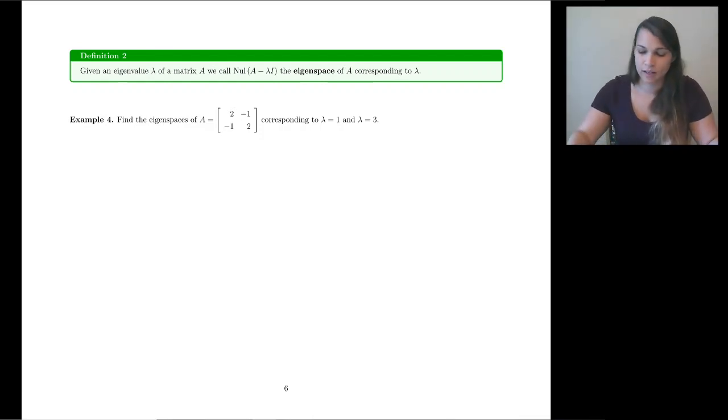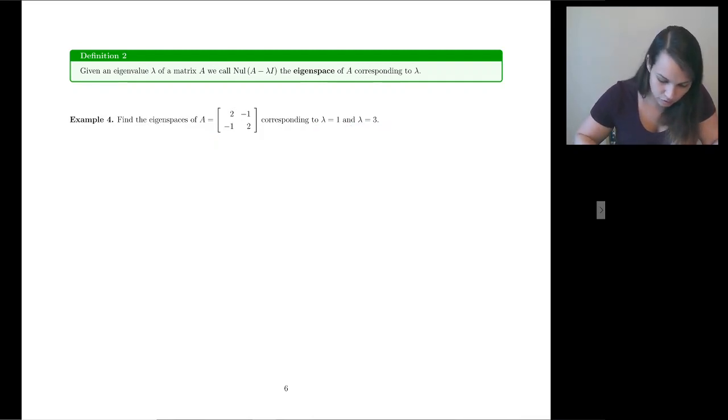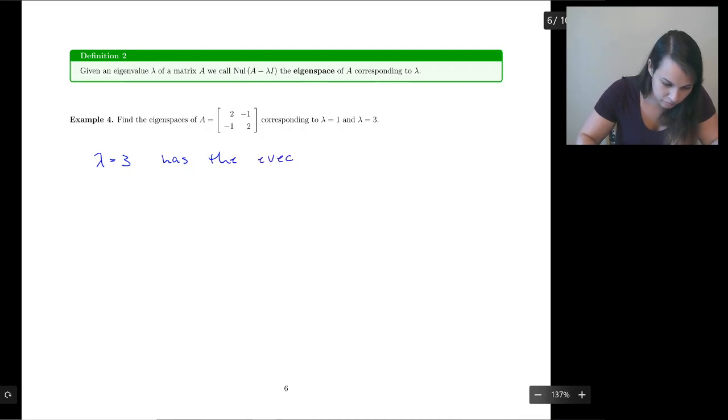Okay, let's take this for a run. We want to find the eigenspaces for A corresponding to lambda equals 1 and lambda equals 3. So we just did lambda equals 3, so we're going to start there. It has the eigenvector v equals -1, 1 from example 3.